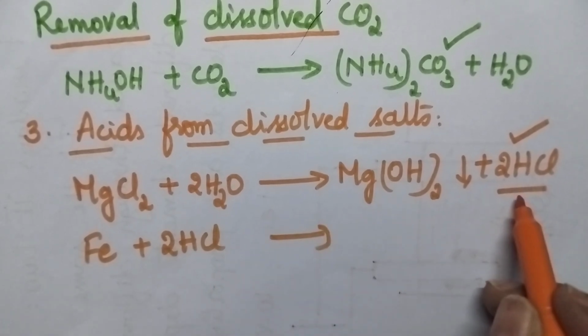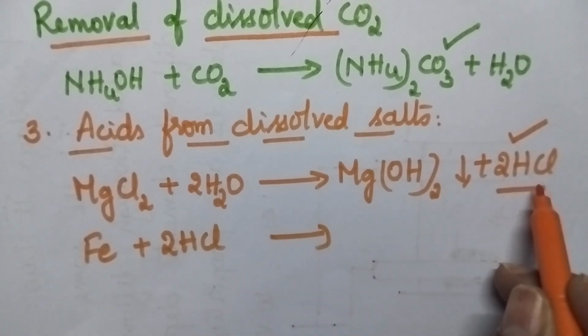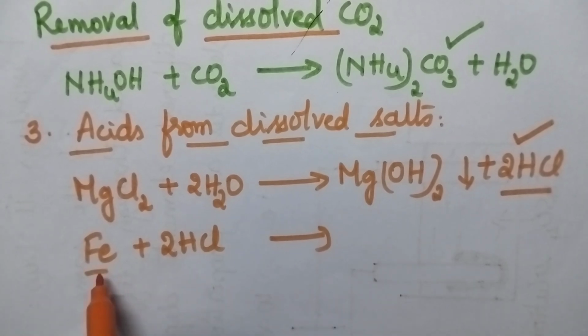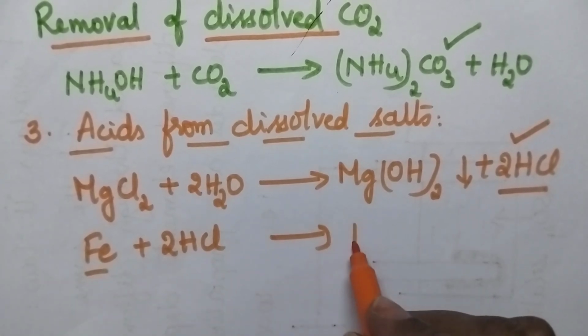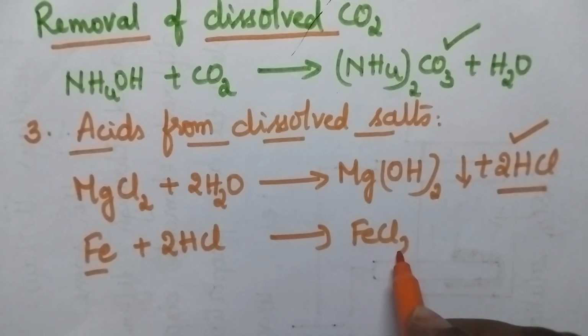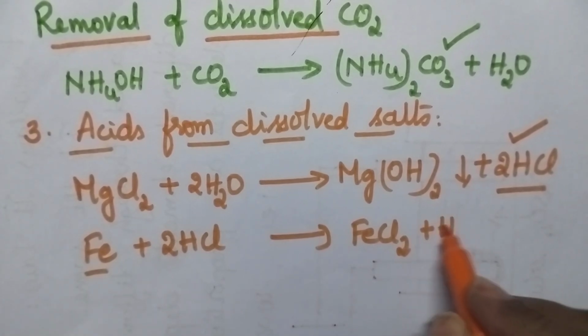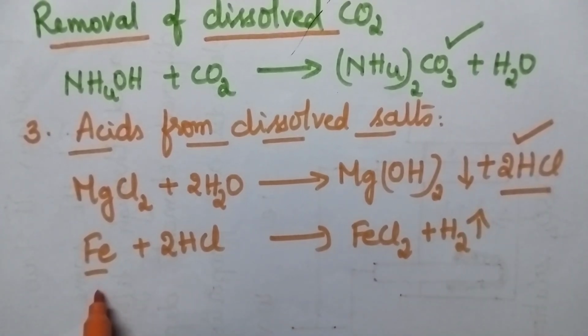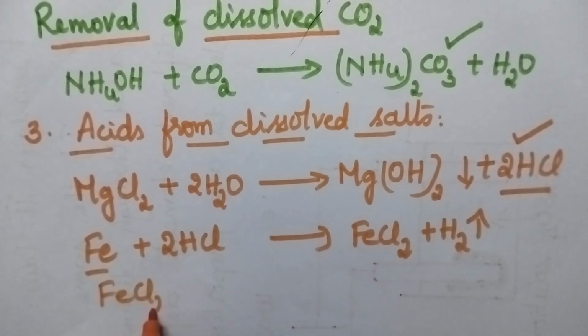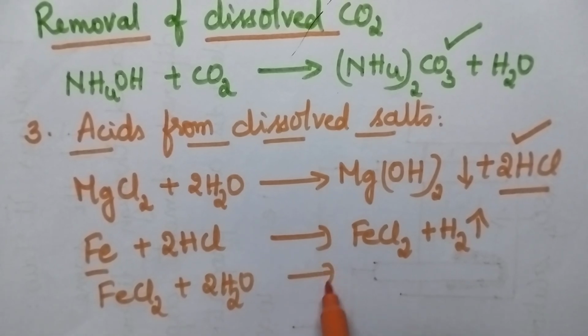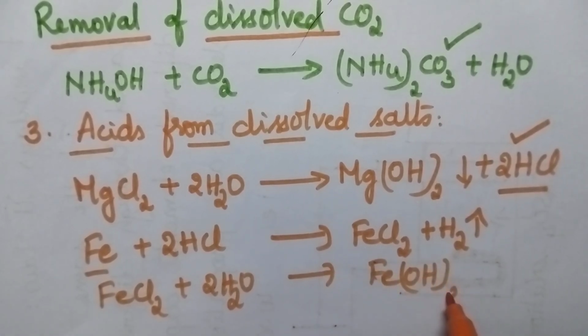Here, due to the formation of the strong acid HCl, it readily attacks the boiler material and results in the formation of ferrous chloride. And this ferrous chloride reacts with water and results in the formation of ferrous hydroxide.